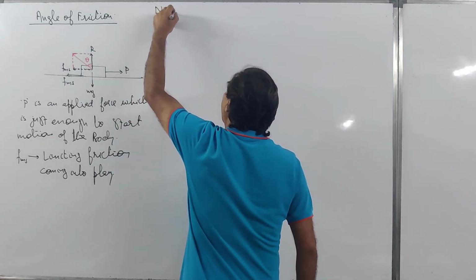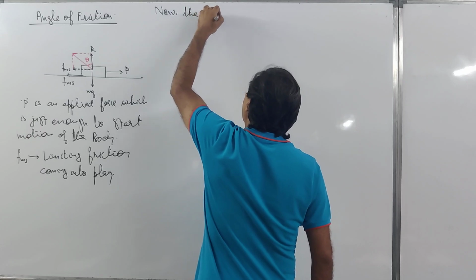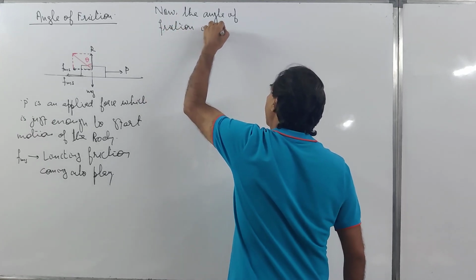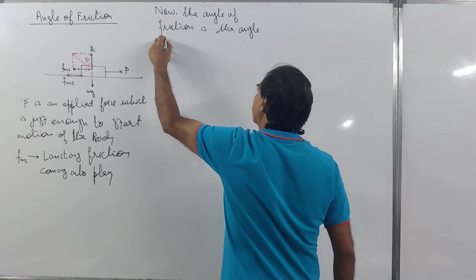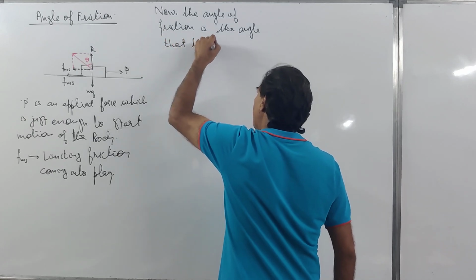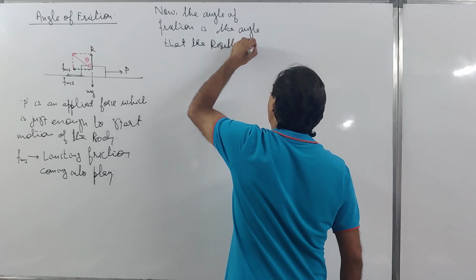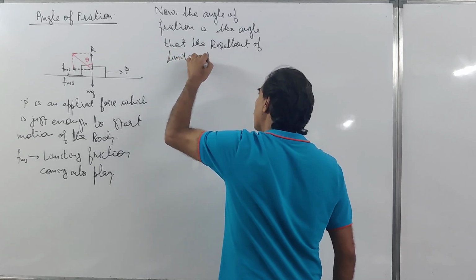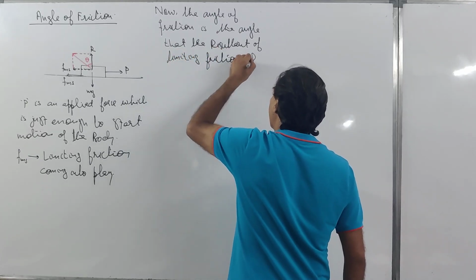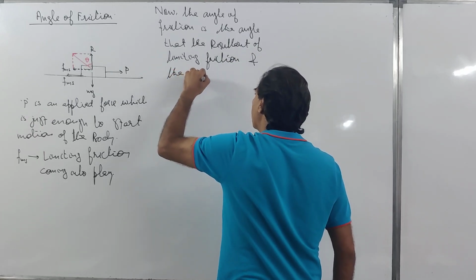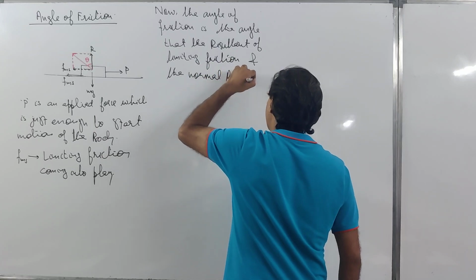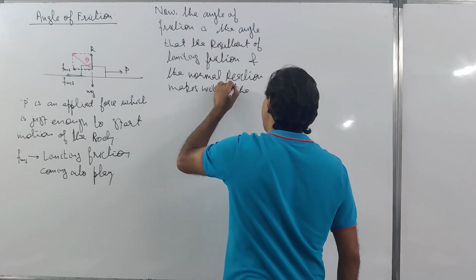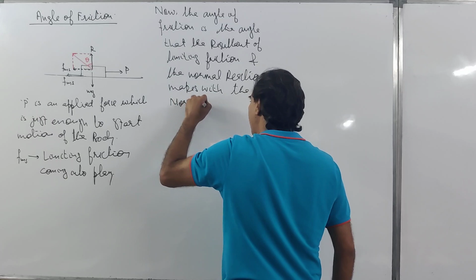Now, the angle of friction is the angle that the resultant of limiting friction and the normal reaction makes with the normal reaction.